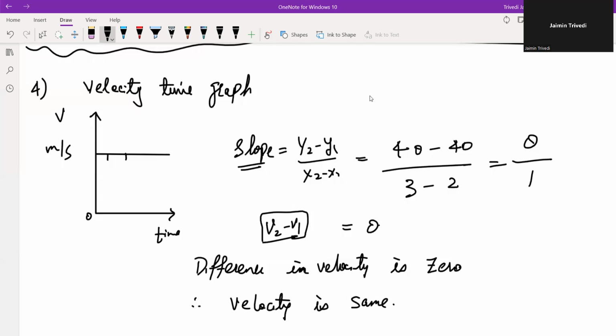What are you saying? Which graph will be like this, sir? Okay, what do you mean by this point?